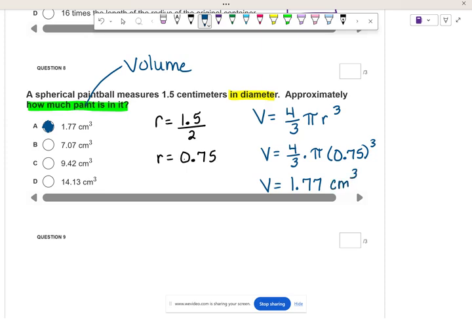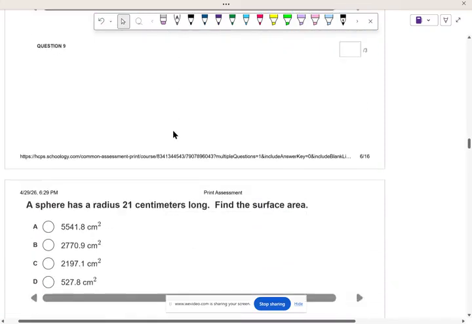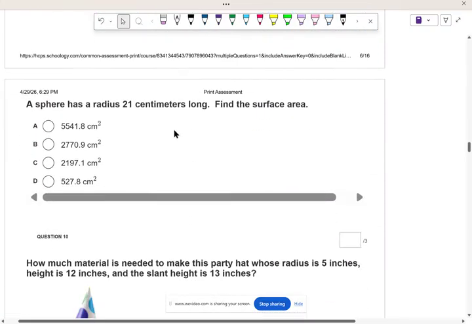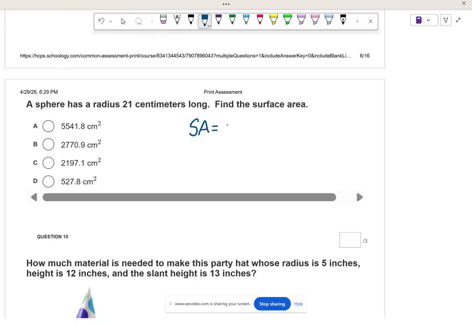All right, question number 9. A sphere has a radius 21 centimeters long. Find the surface area. All right, this one's pretty straightforward. This should be nice. Surface area equals 4 times pi times r squared. They tell us the radius is 21.